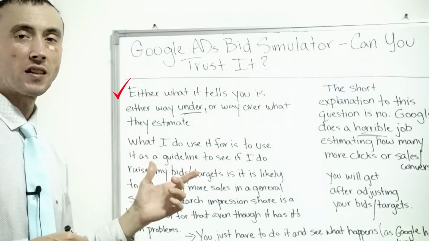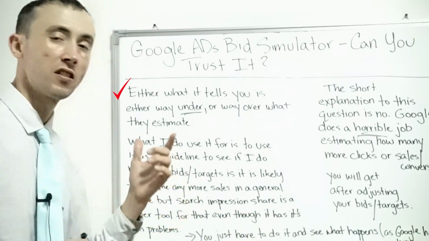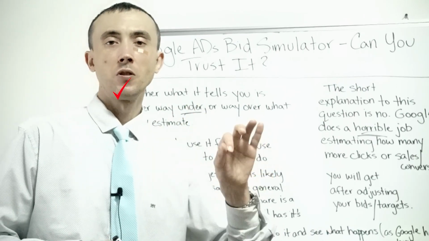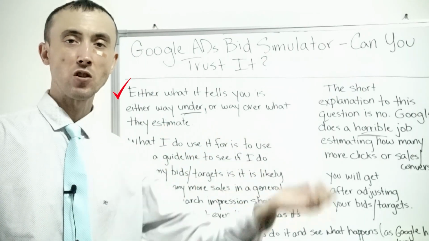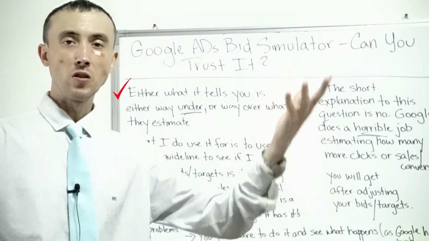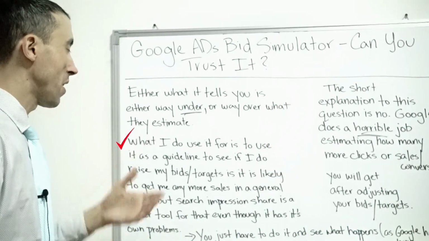So what I do, because this is not reliable, it would be very, very nice and useful if Google was able to put something together that would accurately tell you if you raise your bids, what that would do to your clicks and to your leads. But it doesn't.